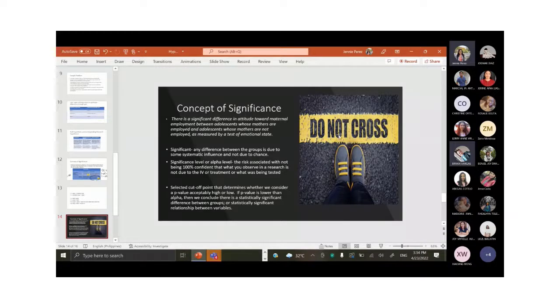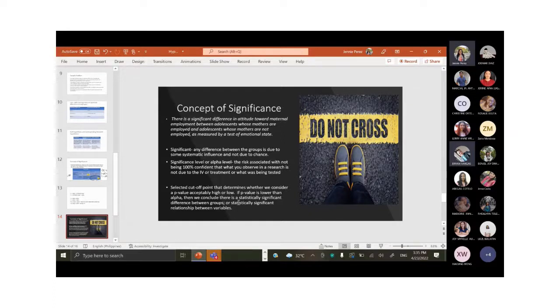So what will set this boundary is the alpha level, and it is arbitrary. It depends on the type of research. Normally, if it is educational research, we use the conventional 0.05. Now, if it is a medical research, and it is life risking, we can set our alpha level at 0.001 or even more minimal.